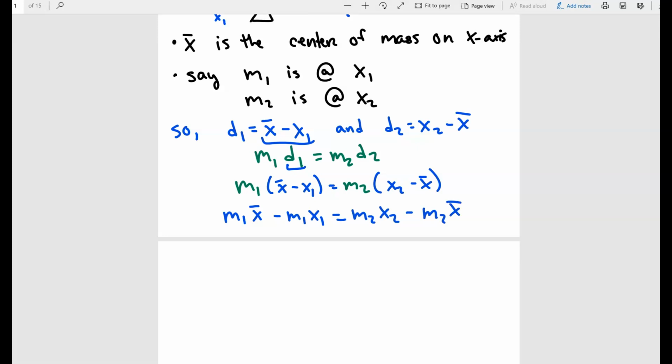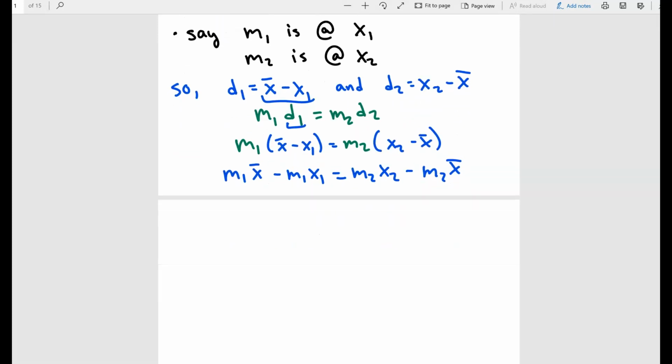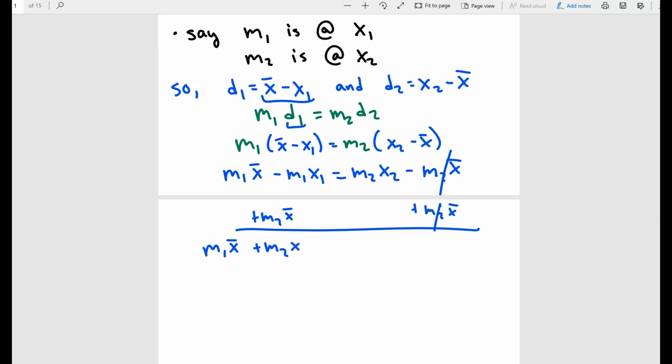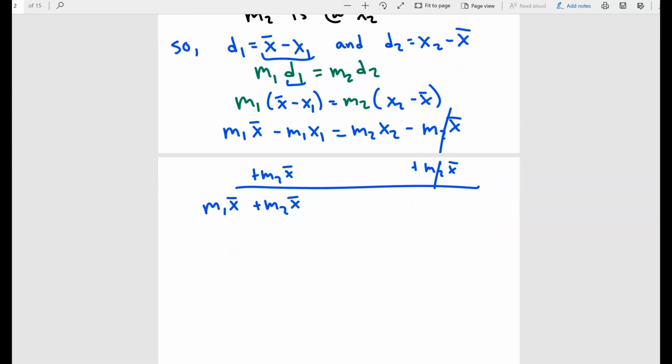Now I'm going to put all the x bars together. So I'm going to add this mass 2 x bar to the other side. I have mass 1 x bar plus mass 2 x bar minus mass 1 x1 equals mass 2 x2. And now I'm going to add m1 x1 to the other side.